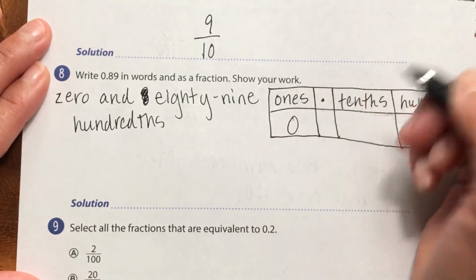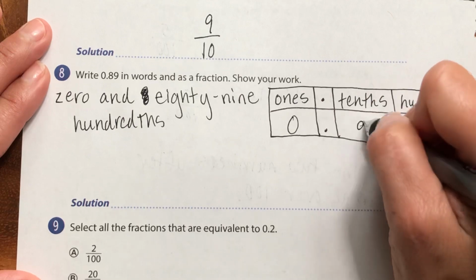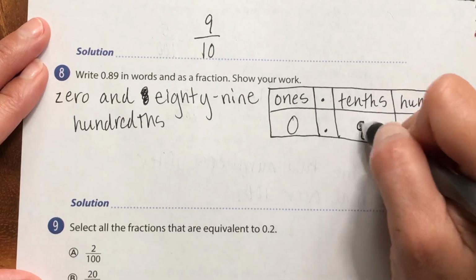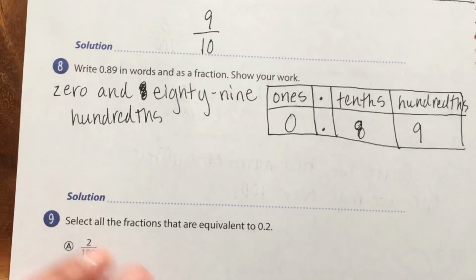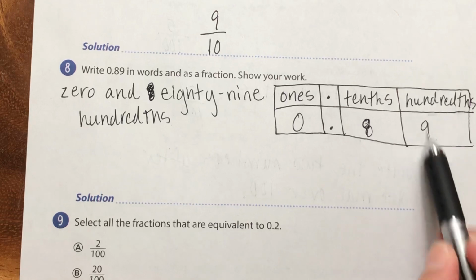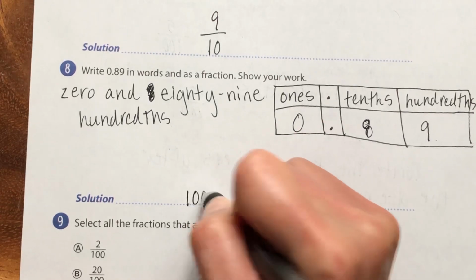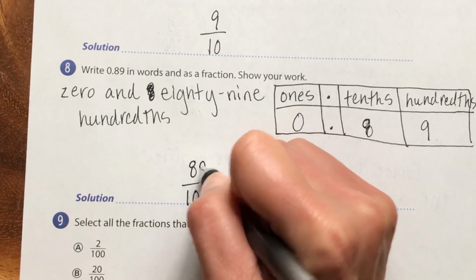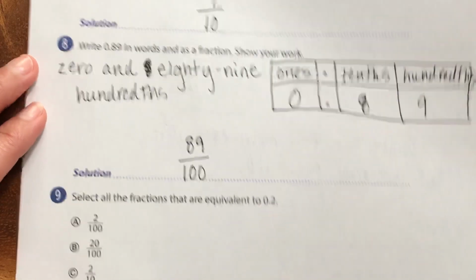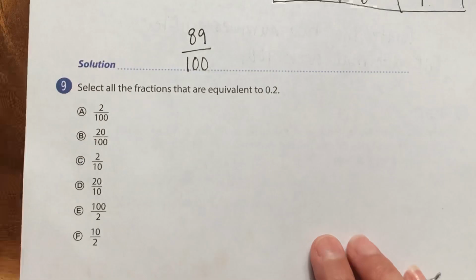So I have a 0 and 89/100ths. Now it wants us to also write this number as a fraction, and because I go into the hundredths column, I have 2 digits over, I know it's over 100, and I'm going to put my 89 over the 100.